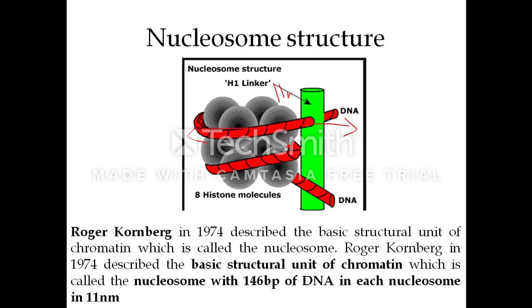So each nucleosome occupies this size of 11 nanometers, and it has two molecules each of H2A, H2B, H3 and H4, which are rich in arginine and lysine, and linker DNA passes through H1, which is not highly conserved and may be absent even in some organisms.